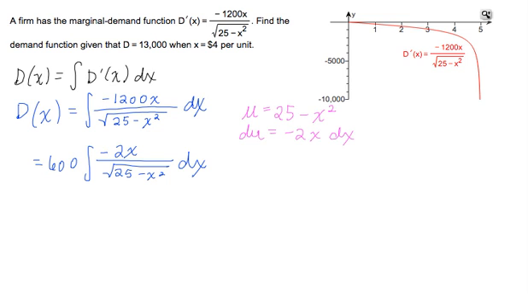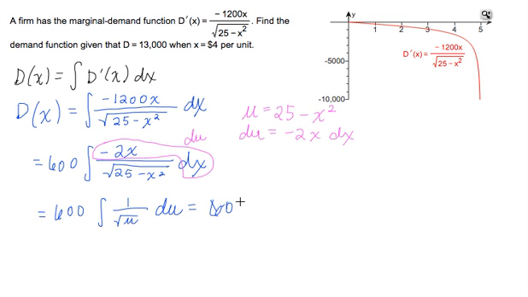So since du is negative 2x dx, all of this part becomes the du. And then what's under that radical is our u. So we're going to have 600 times the integral of 1 over the square root of u du. It's going to be a lot easier to anti-differentiate if we write it as u to the negative 1/2, because then we can use the power rule.